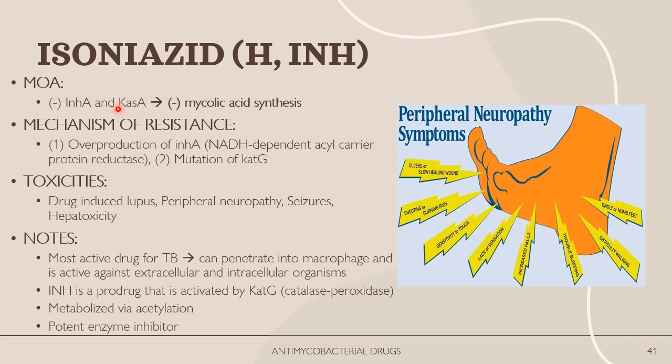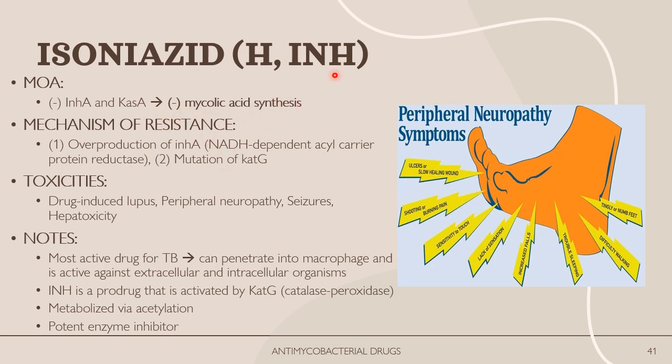Both of them are acyl carrier protein reductase needed for mycolic acid synthesis. So by inhibiting these two carriers, your isoniazid inhibits your mycolic acid synthesis. So please remember, isoniazid inhibits mycolic acid synthesis.